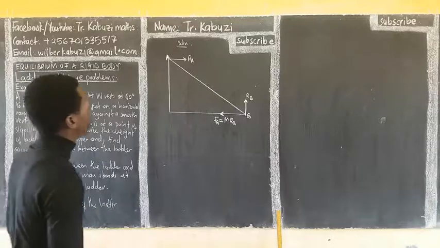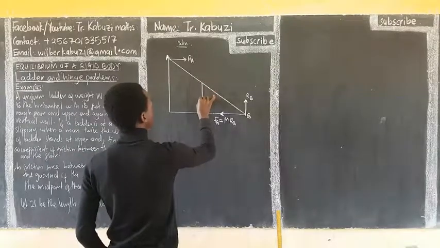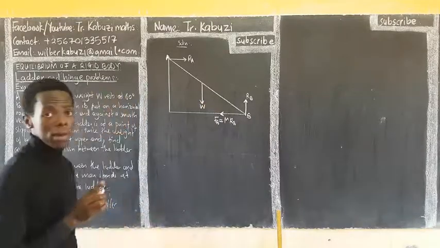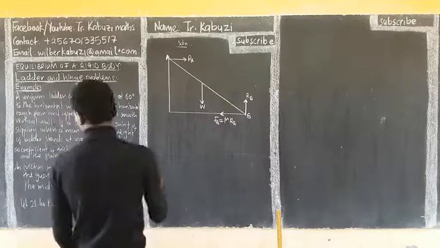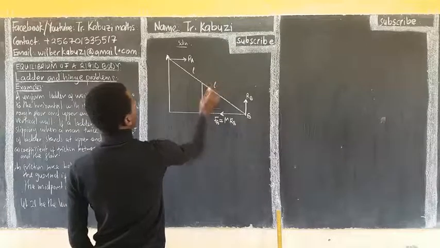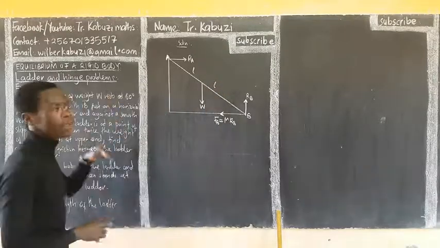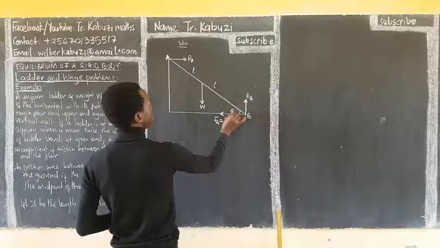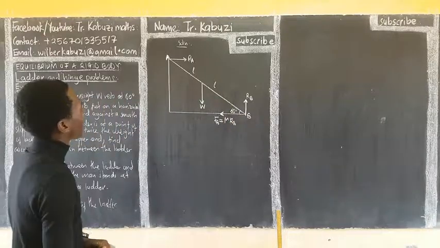So my weight W is going to occur in the middle, this is my midpoint. If they give us weight, don't multiply by g unless they give us mass. Because this is 2L, this is going to be L, and this is going to be L, because the weight acts in the middle, as the ladder is uniform. It makes an angle of 60 degrees with the horizontal. That's what we have so far.